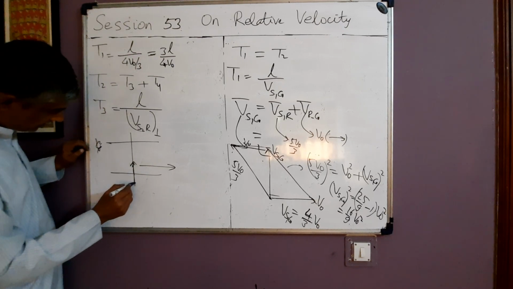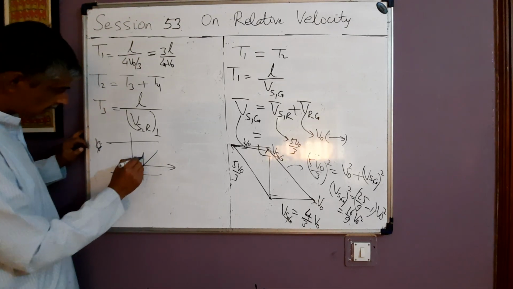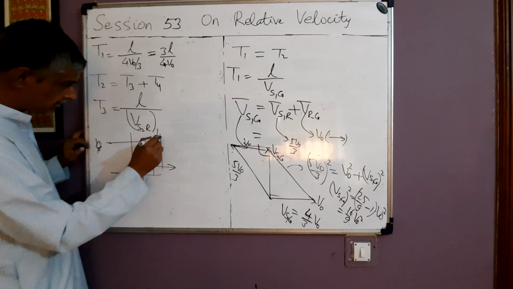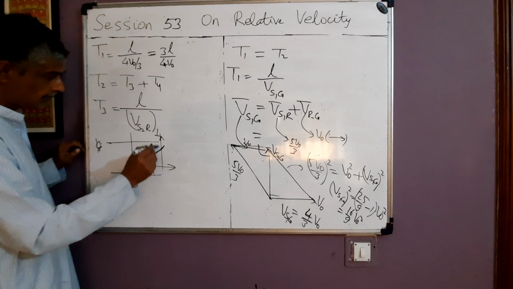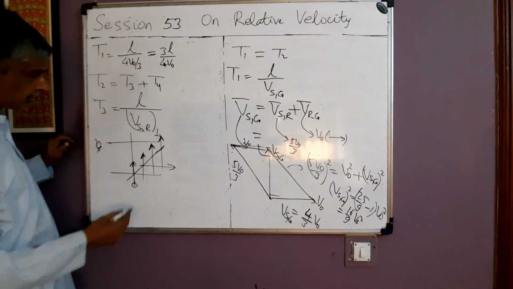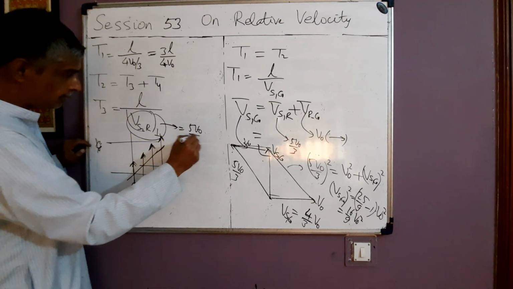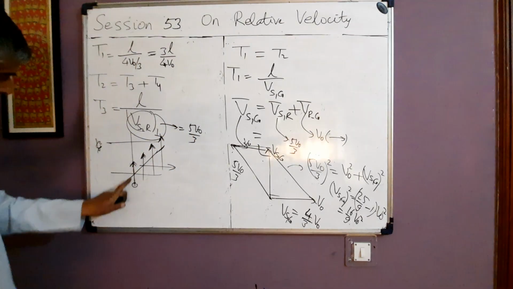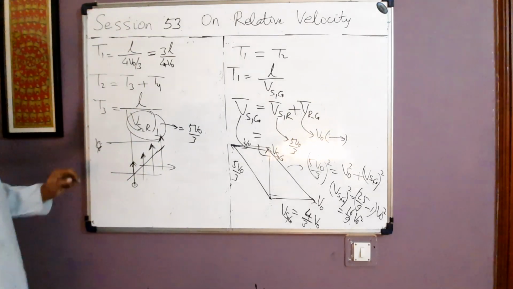This is the feet of swimmer S2, this is the head of swimmer S2. Heading appears like this. So Vs2r is normal to the river flow direction. So this Vs2r perpendicular is nothing but 5 V0 by 3 itself, because this itself is at right angles to the river flow direction.